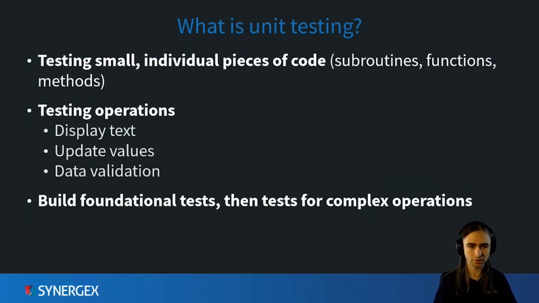If you're displaying text on the screen, updating values like in a table, or doing data validation, any piece of your business logic, that's the stuff that you want to be testing. You want to start from the smallest components, the pieces that make up your large complex operations, and then start building tests for complex operations after you're sure that the foundational pieces are good, and then just keep building until you have a library of tests for your whole application.